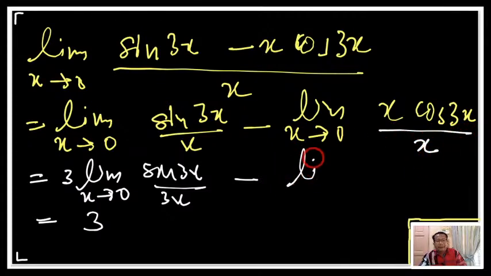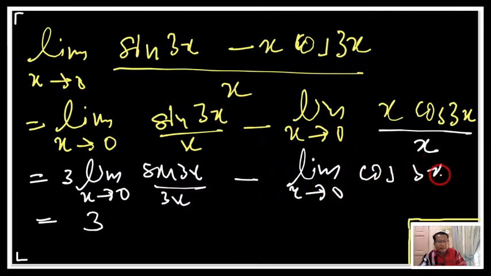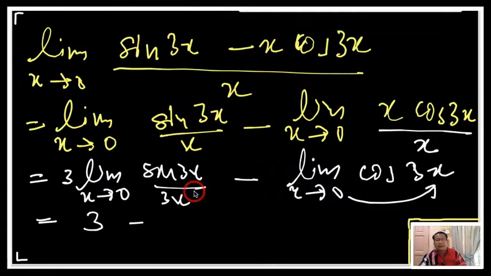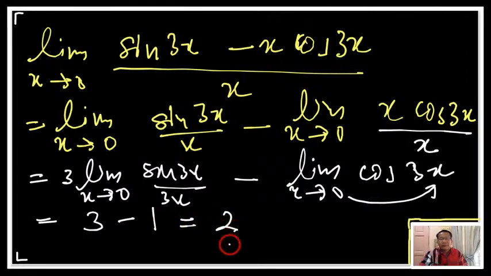So this one is equal to limit x approaches 0, cos 3x. Now we substitute into here. So you get cos 0. Cos 0 is 1. So it is minus 1. So the answer is 2.